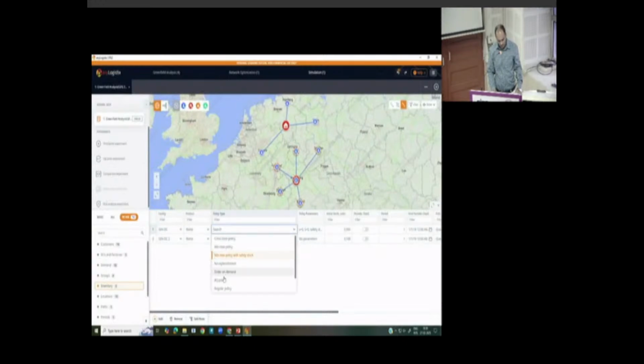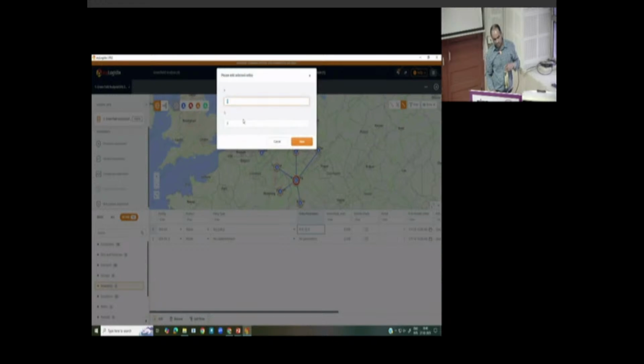The third policy is the RQ policy. What is this RQ policy? Anyone has any idea? Now SS is done, minimax is done. Now what is RQ? R and Q. I think the other day you were talking about EOQ, economic order quantity. R is the reorder point.